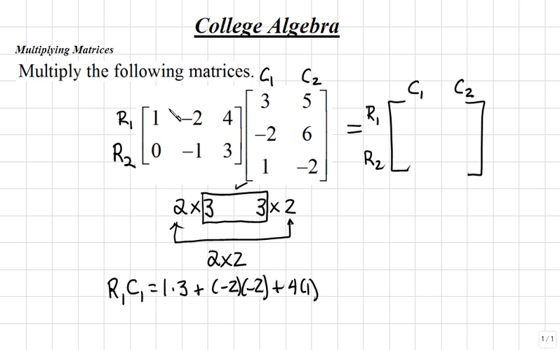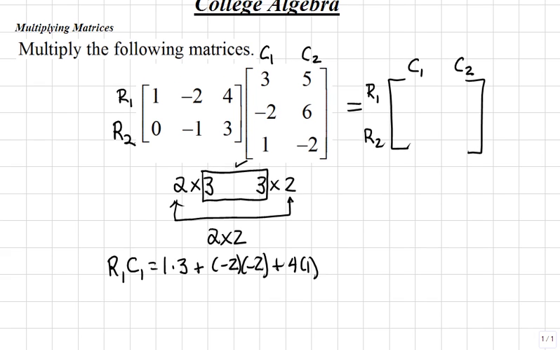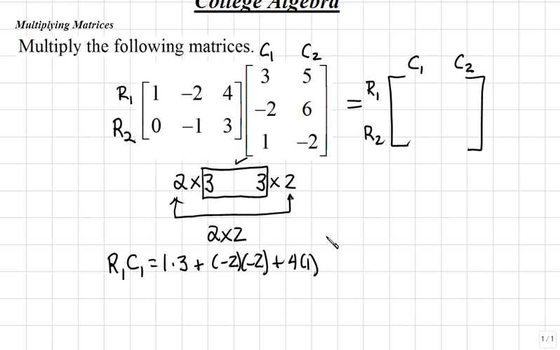Again, we took the row from our first matrix and the first column of our second matrix and multiplied those entries together and added them up. This will become our first entry in our resulting matrix for row 1, column 1. Let's find all 4 entries, simplify, and then replace that into our answer.